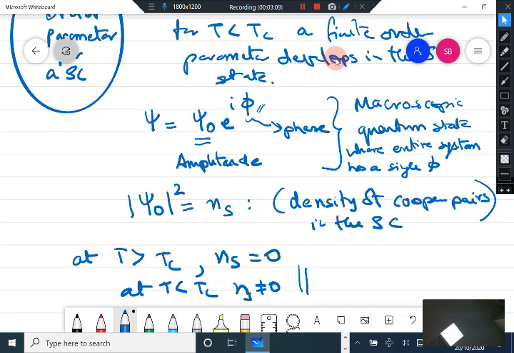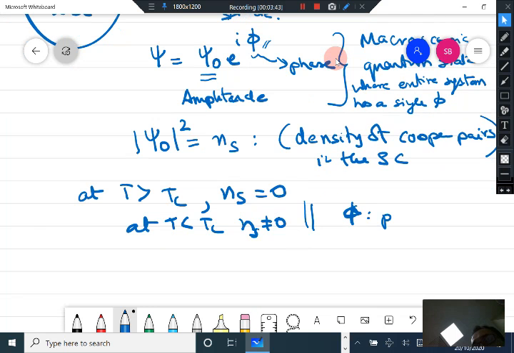Okay, so typically the system has entered into a very different phase, because in the normal state you have electrons which are present, but each electron is not in phase with the other electron. Every electron is behaving independently. But once you enter into the superconducting state, you develop a density of Cooper pairs, but also each particle inside the system is described by one single parameter, the phase phi. Okay, and this is a very important factor which comes into describing the superconducting state, namely the phase.